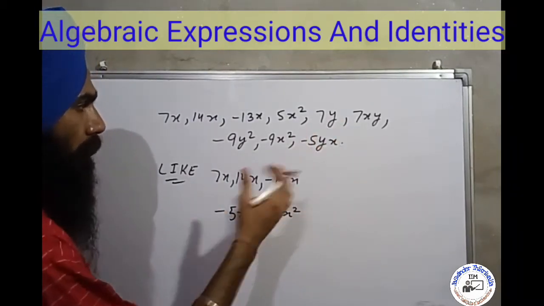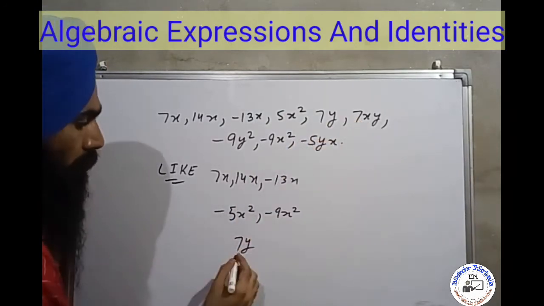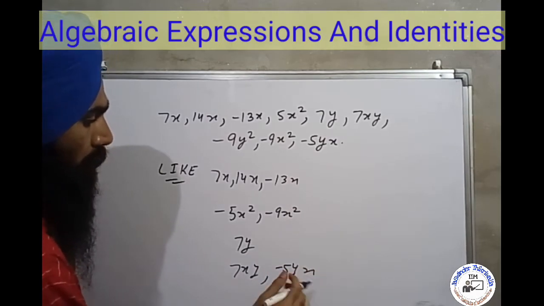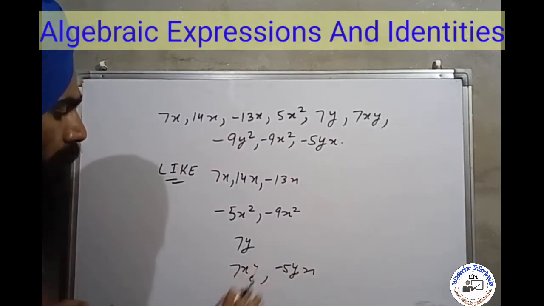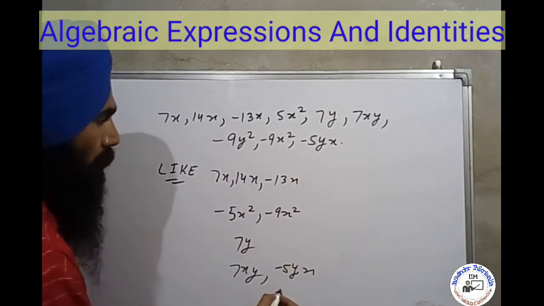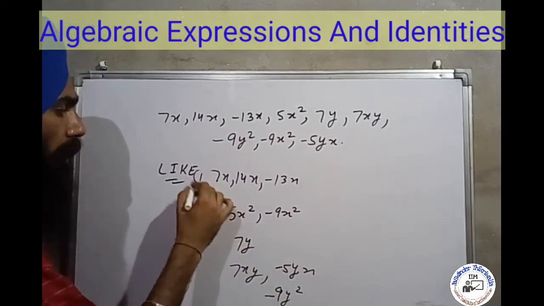Then 7y, is there any term with y? No. Then xy, 7xy, minus 5yx, means their order is different but the variables are the same only. So at last, 9y square.